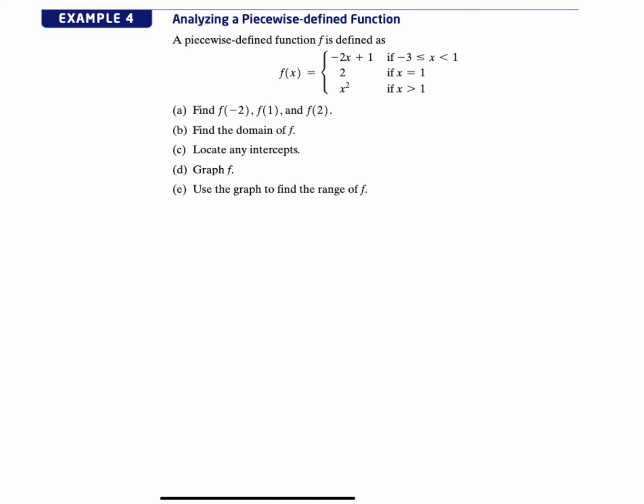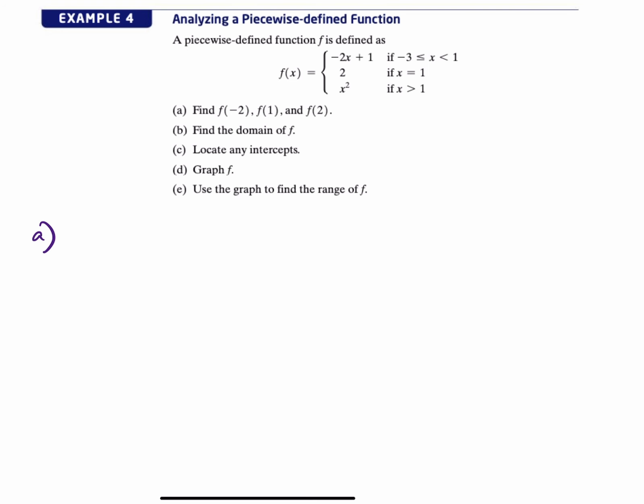This time we have 3 different conditions, but the process will be the same. So let's just check where our input falls under these 3 conditions, and we'll choose the associated output. So first is f of negative 2. And where's our function changing behavior?